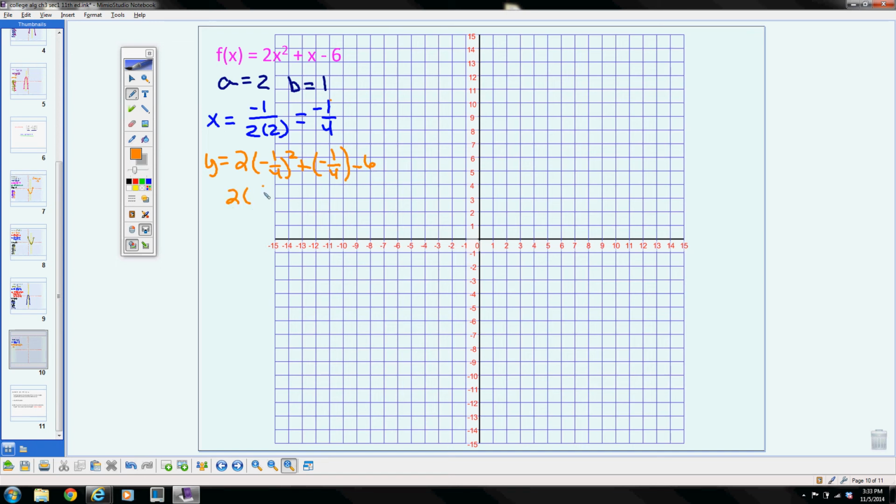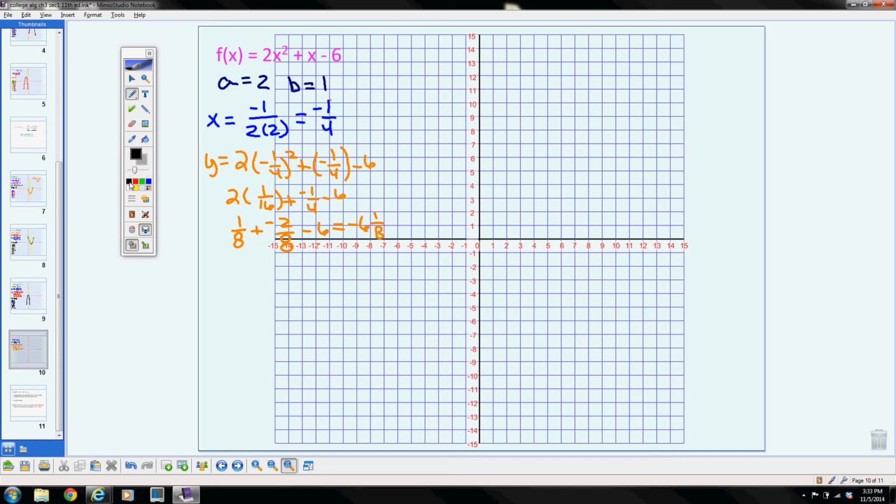So I'm going to have 2 times 1 over 16 plus a negative 1/4 minus 6. And that would give me 1/8 plus, if I change that to 8, that would be a negative 2/8, which is negative 1/8 minus 6, which is going to give us a negative 6 and 1/8.